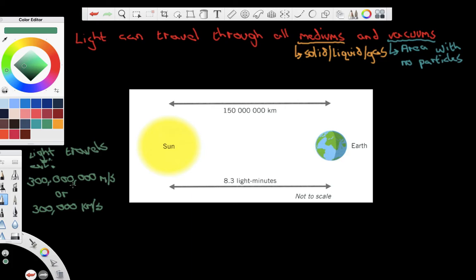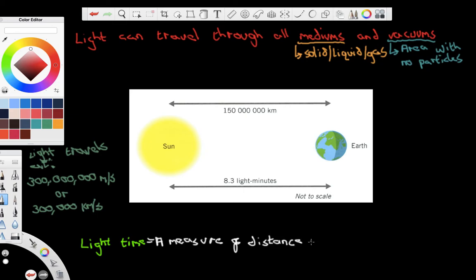We can use what's known as light time to measure a distance in space. So light time is a measure of distance in space.